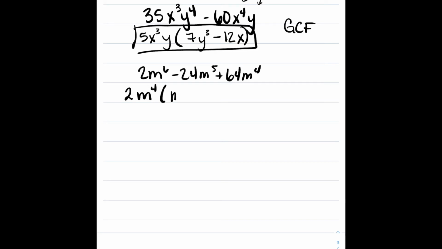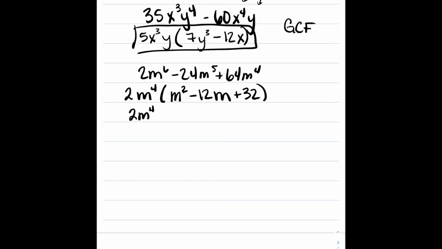So 2 divided by 2 is 1. M to the 6th divided by m to the 4th, I subtract my exponents, so I have m squared. Negative 24 divided by 2 is negative 12. M to the 5th divided by m to the 4th, I subtract my exponents, so I just have m. 64 divided by 2 is 32, and m to the 4th divided by m to the 4th is just 1.